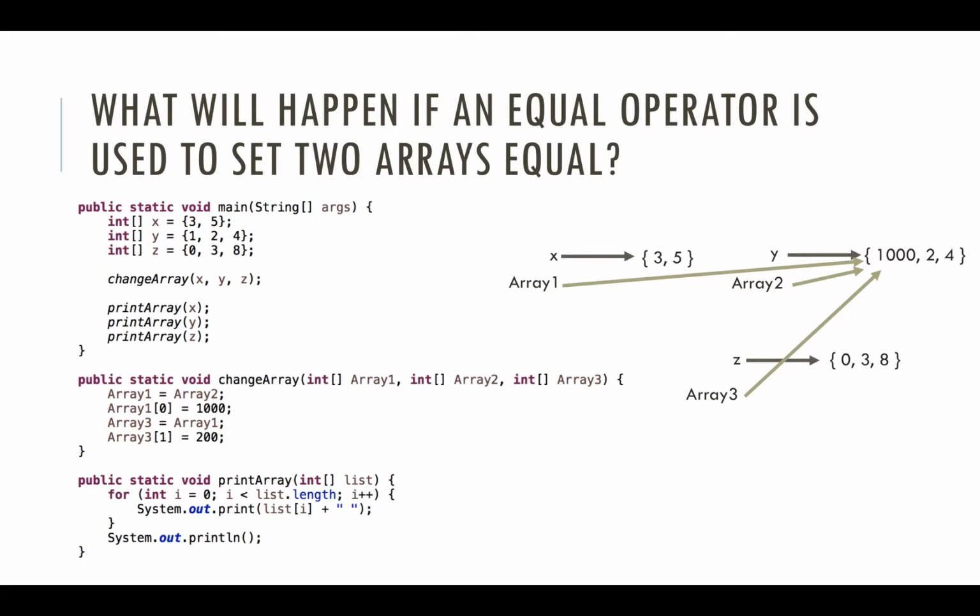As you can see, array 3 is now pointing at the same location where array 1 is pointing to. Also, it is where array 2 is pointing to, since array 1 and array 2 are pointing at the same location. So, when we change the index 1 of array 3 to 200, the change reflects in the location where all three arrays are pointing at.